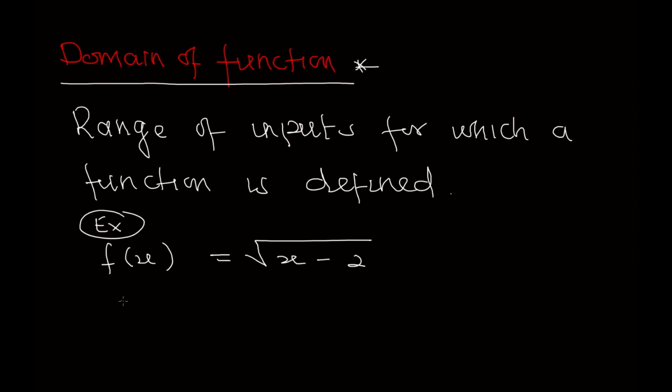So a function has to have values for which it is actually defined. Now let's look at this example that I've boxed in green. f(x) is equal to root x minus 2.